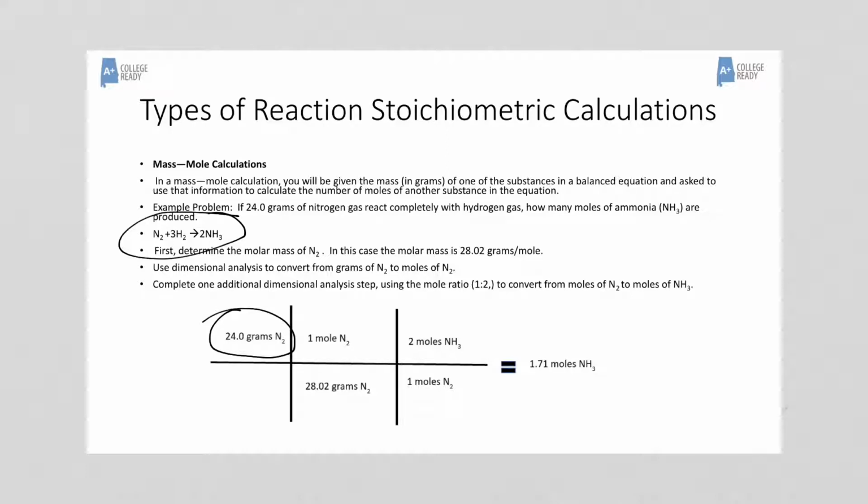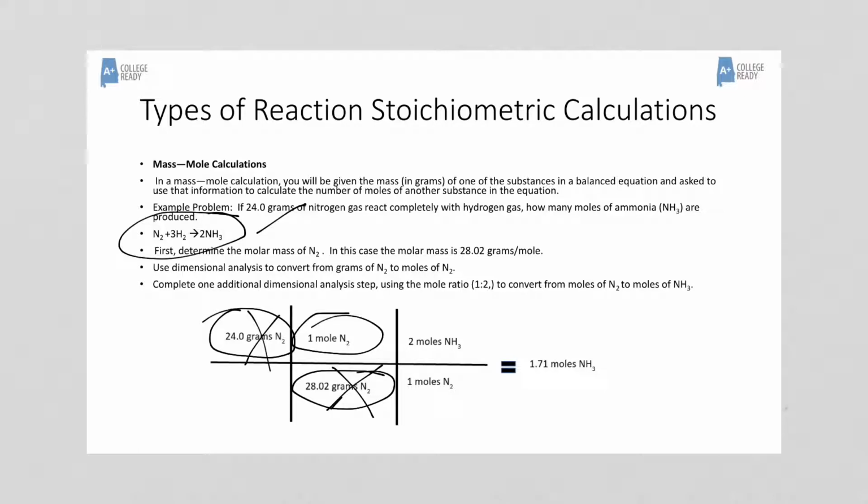So typically, if we're trying to convert from one thing to another thing, you're going to need to get to moles first. So we're going to take the molar mass of nitrogen gas, 28.02 grams. That's the number of grams in 1 mole of N2. The grams portion goes on the bottom of our dimensional analysis chart, so it'll cancel out. Now we're going to use the mole ratio to convert from moles of nitrogen to moles of ammonia.